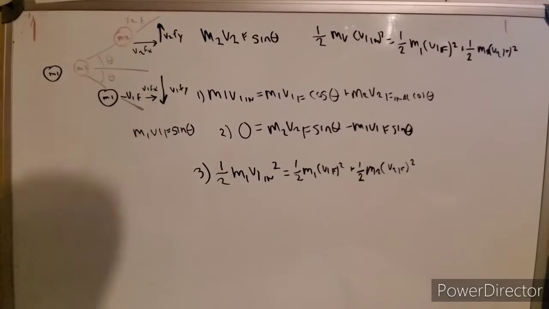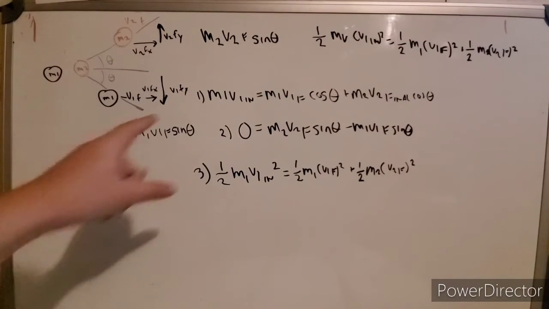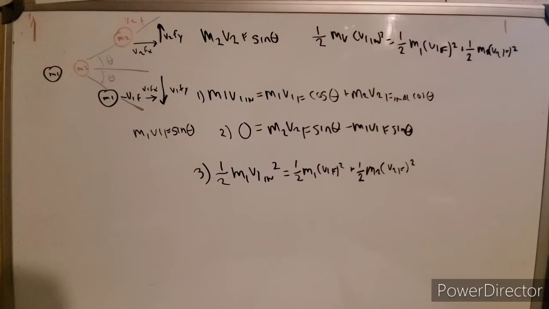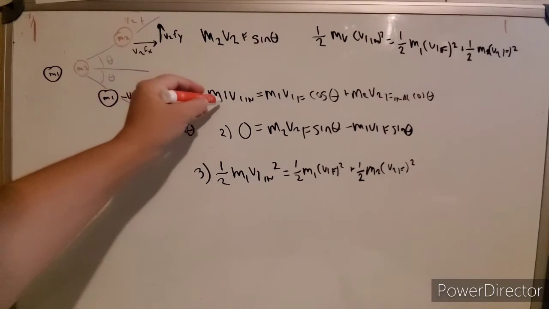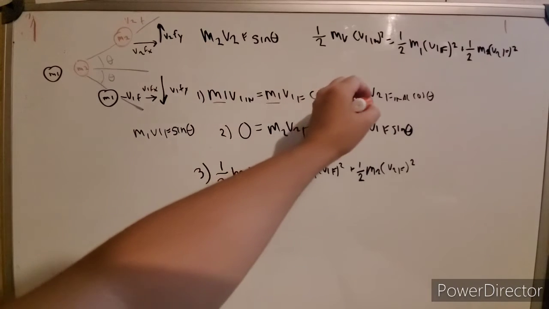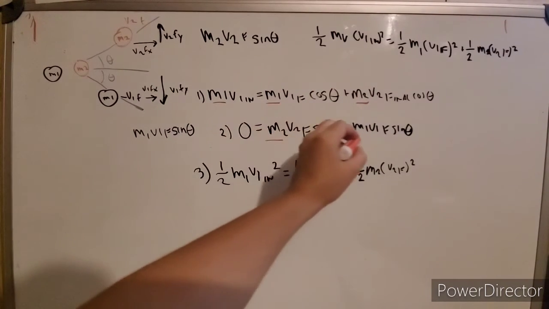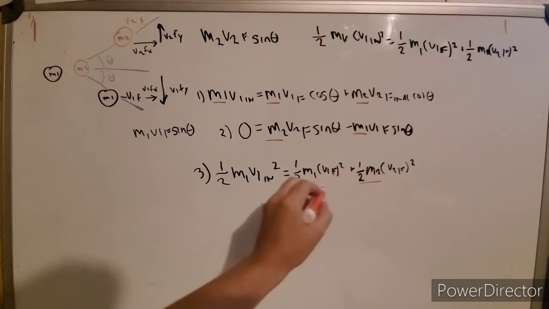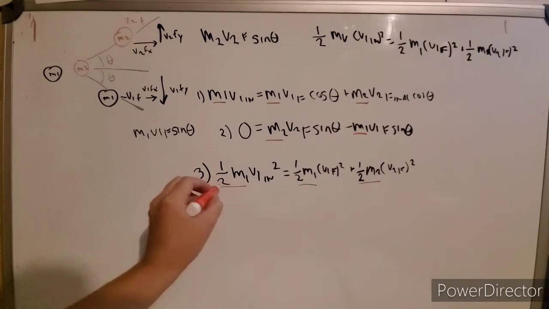Now that we have our three equations, equation 1, equation 2, equation 3, we can simplify. Since all the balls are the same mass, it doesn't matter, so we can cancel out the masses.